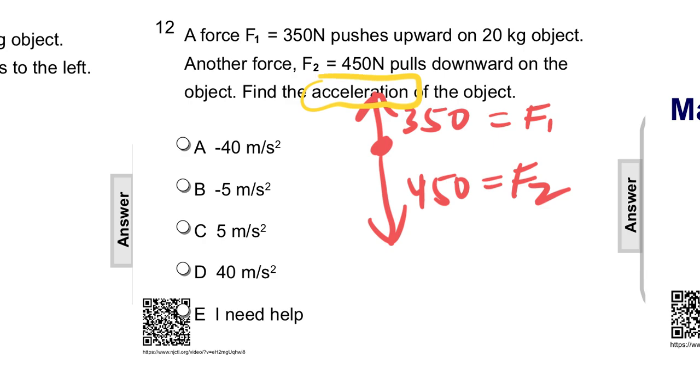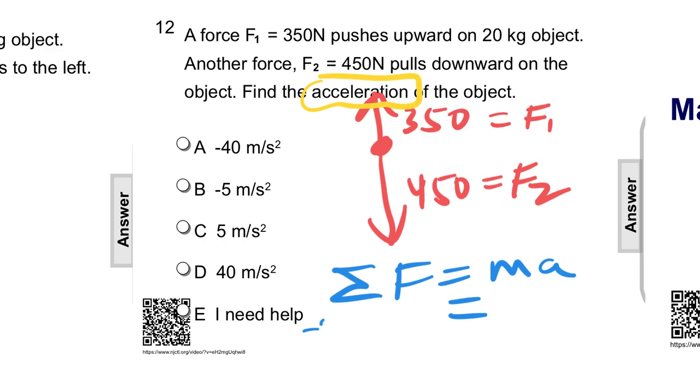So F net equals, whenever you see acceleration on these problems, you just use the second law of motion. Okay, what is the net force? Well, negative 450 plus 350.